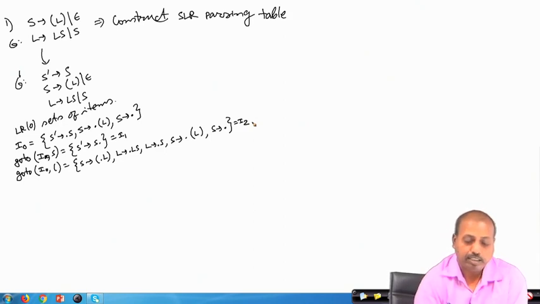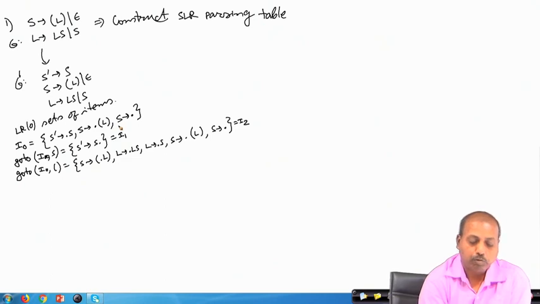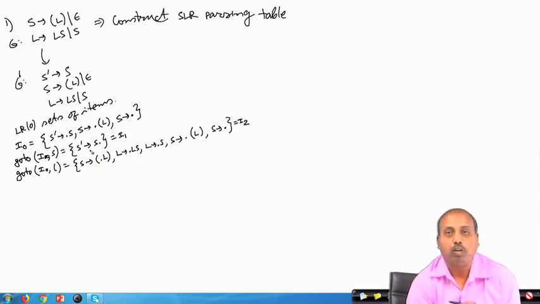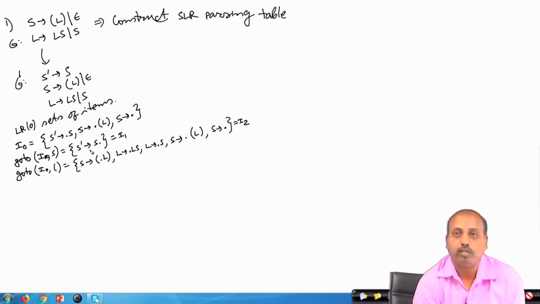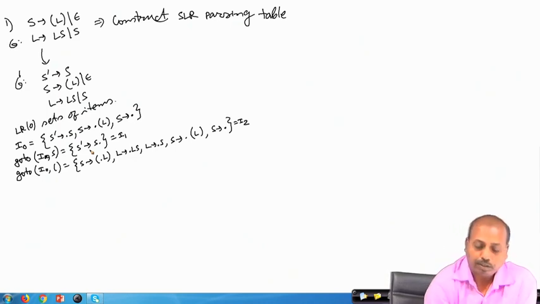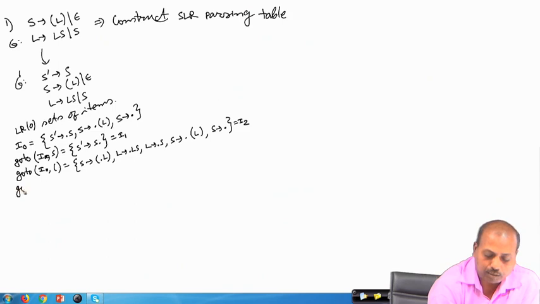Now, from I0 I cannot have any more go tos. From I1 also there is no dot before any grammar symbol, so I1 also does not give any go to. From I2, I have to see whether I can get something new. So, go to I2 L gives me S producing within bracket L dot.